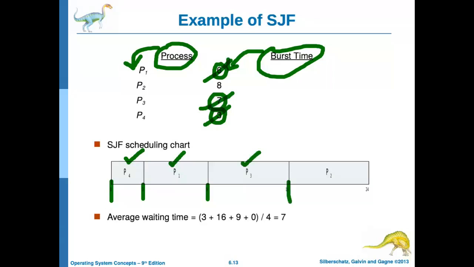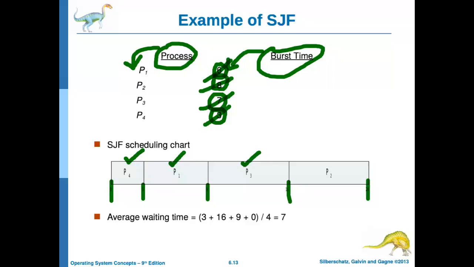The scheduler finds that there is only one process, and that will be selected. It needs 8, so 16 plus 8 is 24. At time 24, it will be finished. So the sequence of execution is P4, then P1, then P3, then P2.